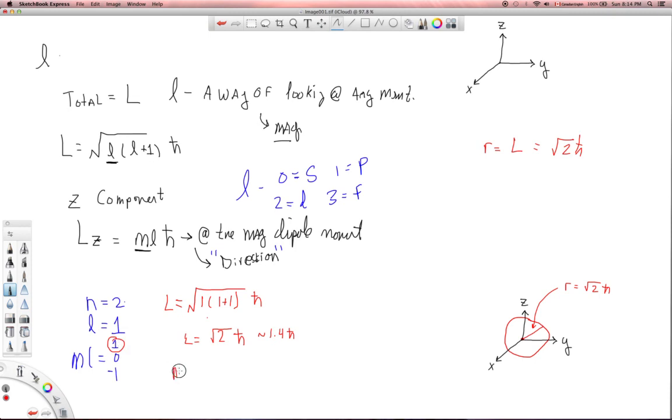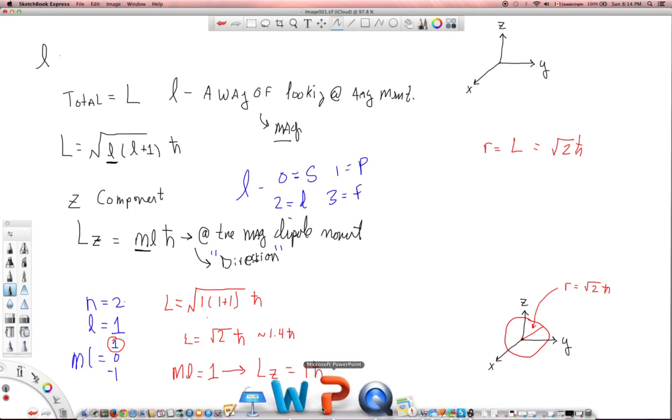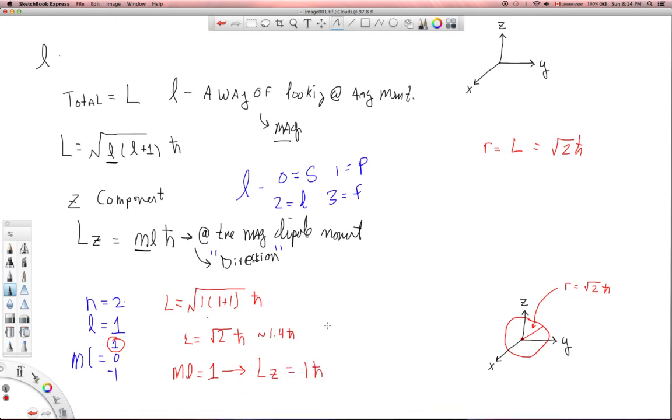So if m sub L equals 1, what is L sub z? Let's plug that into our formula. L sub z equals m sub L, which is 1, times h bar. So it's basically just h bar.